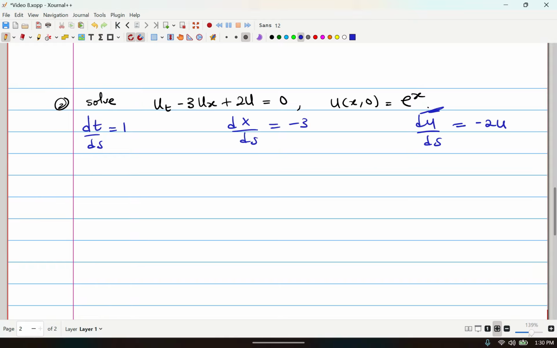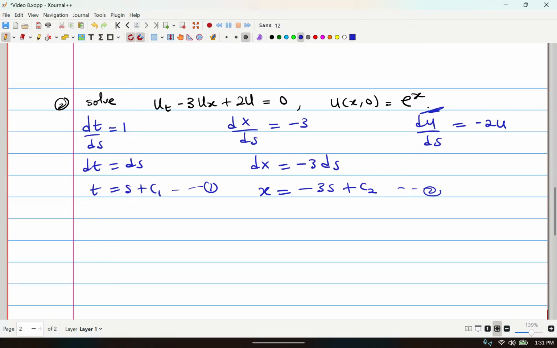These are the relations we get. Now you solve the first part, dt equals ds, and you get t equal to s plus a constant c1. Do the same with dx equals -3 ds, and you get x equal to -3s plus a constant c2. Call these 1 and 2.